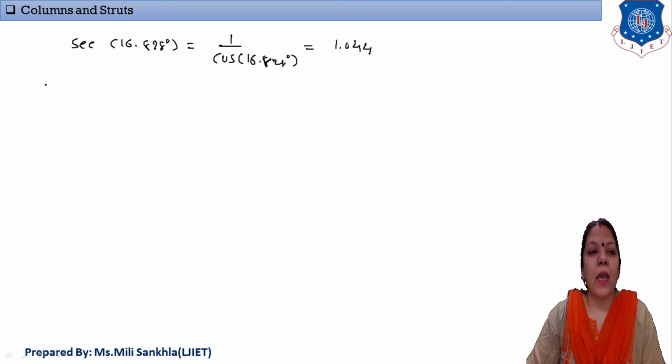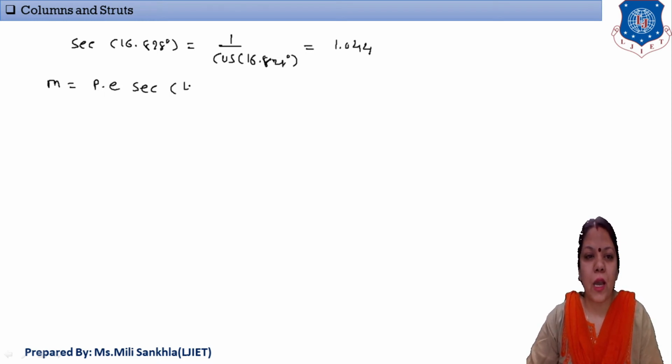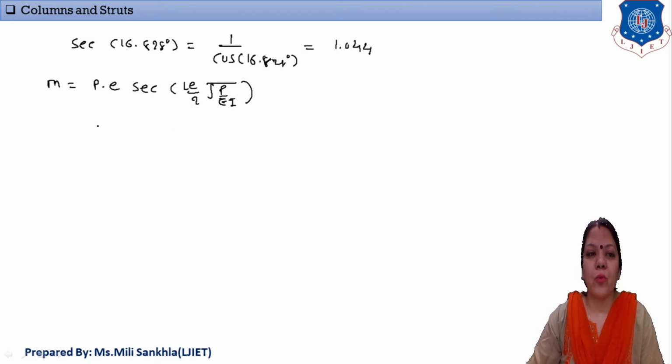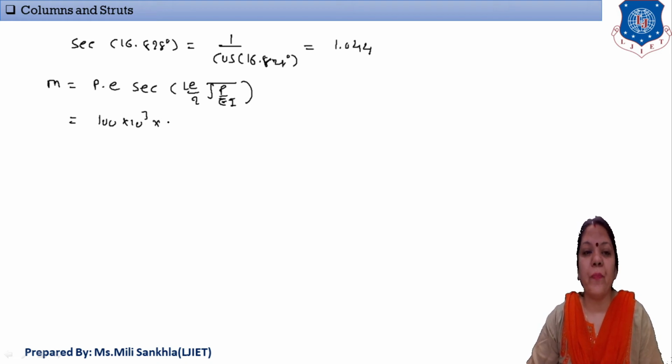Now my M is equal to PE sec LE by 2 under root P by EI. Now one by one put the values. P is equal to 100 into 10 raised to 3 and the value of E is in the given data, that is 20. Okay, and here we found sec, that is 1.044.